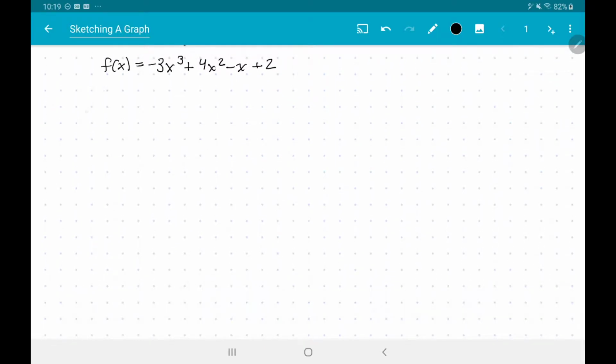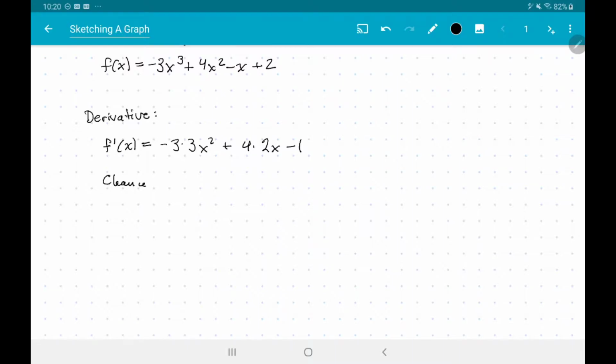So the first step, of course, is that we need the derivative. Okay, so pause the video for a moment and work out the derivative. Okay, f prime of x is negative 3 times 3x squared plus 4 times 2x minus 1.